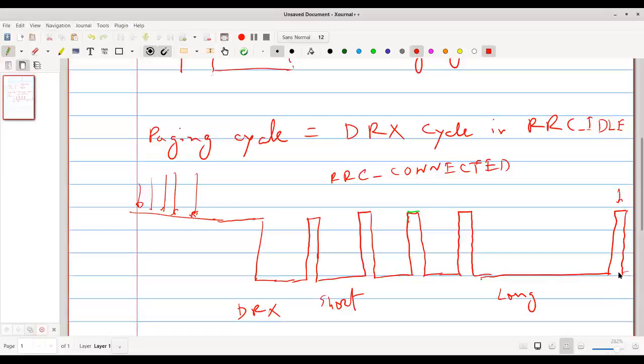Until you find a new packet, you keep using the long DRX cycles. The lengths of both short and long DRX cycles are set by the network, and the number of short cycles that you should use before starting the long DRX cycle is also set, and the maximum number can be 16.